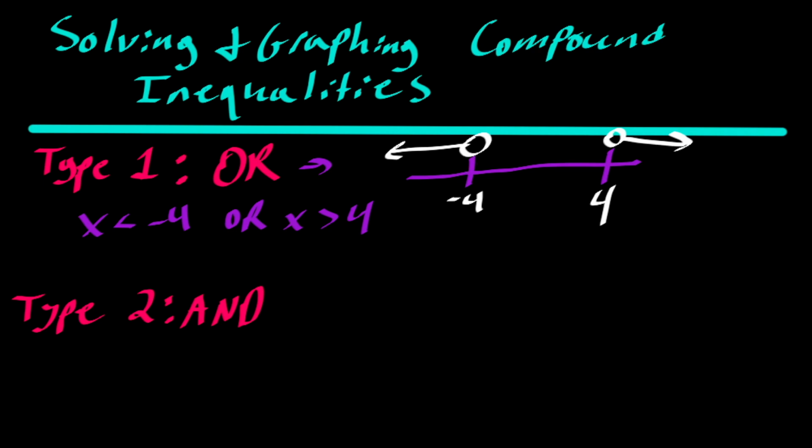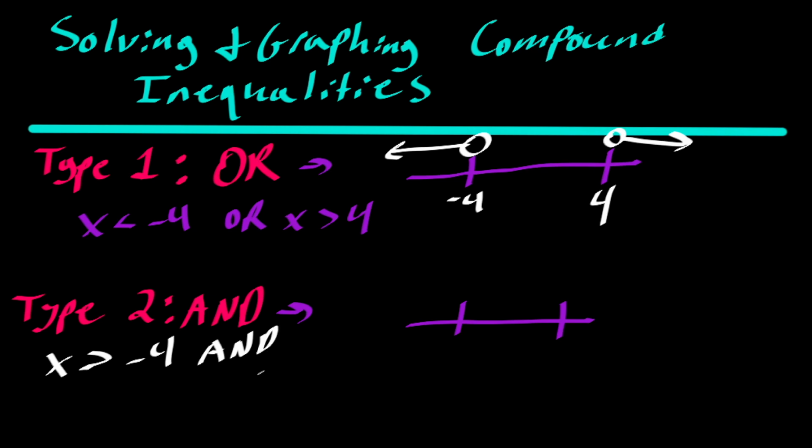Now from that, you could probably guess what and is going to do, but I'll show you anyway. I'll use the same numbers. We could say x greater than -4 and x less than 4. Here's what that would look like.